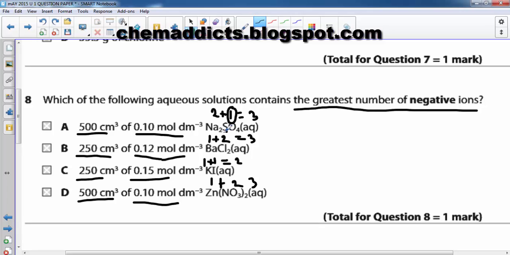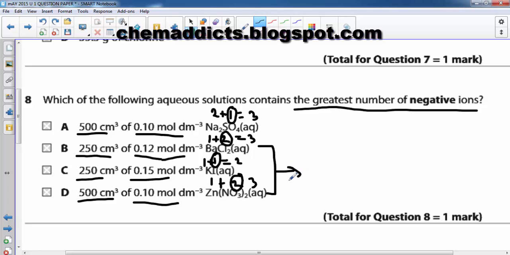Here it has 2 anions, and here it has 1 anion, and here it has 2 anions. Okay, so which has got the greatest number of anions? This and this. Okay, so we will concern only with these 2 options. Okay, let us work this out.